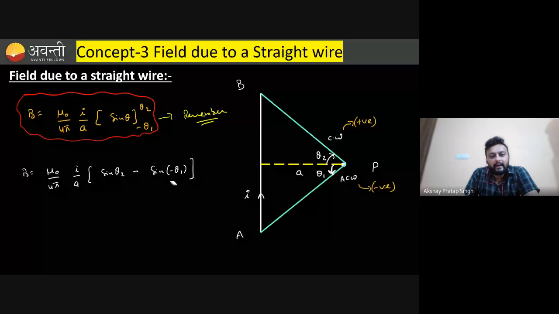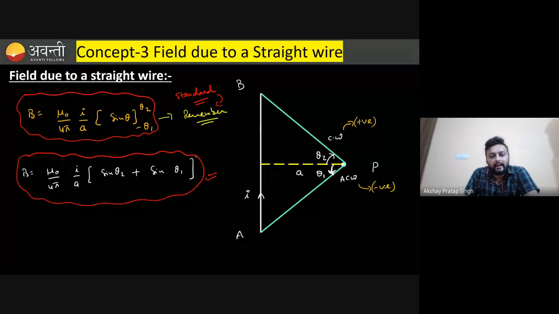I think this simple mathematics, you know. So the ultimate result is on your screen. This is the magnetic field: mu naught over 4 pi, I by A, sine theta 2 plus sine theta 1. This is the final result and this is the standard result. My recommendation, you should remember both.